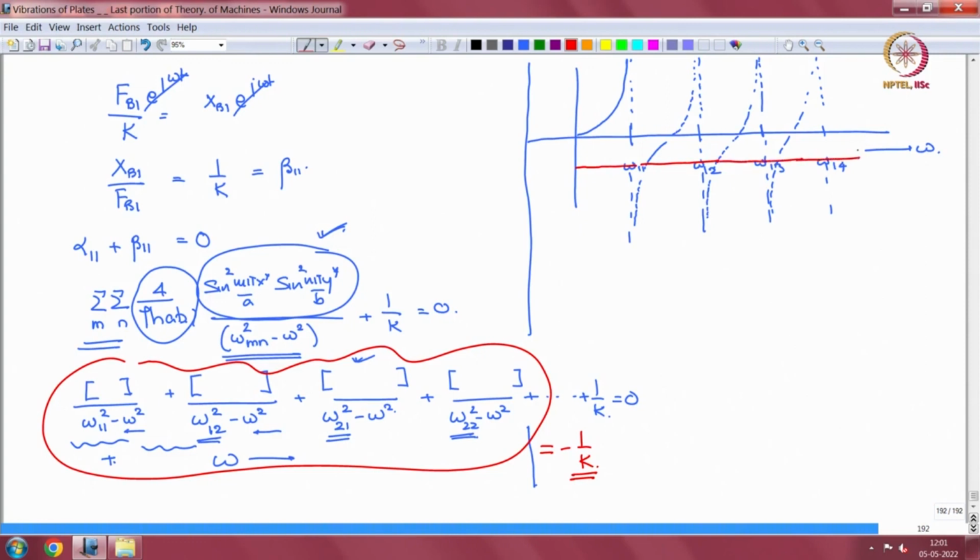So, where are they equal? The two are equal here, here, here, and so on. These are the new resonances.